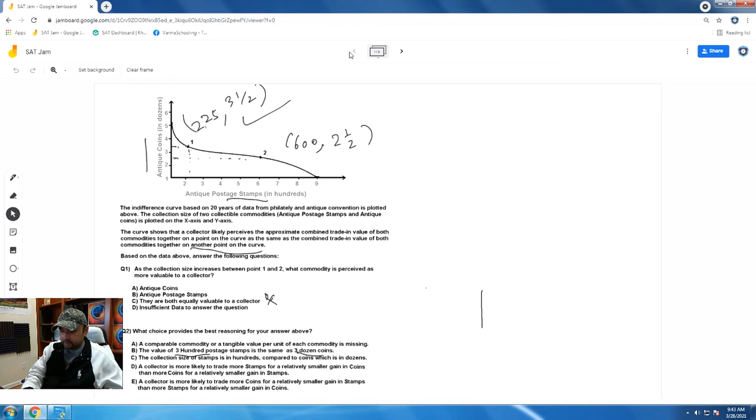So if we look at what the question is asking, between point 1 and 2, which quantity is perceived as more valuable? The answer comes from comparing the information in the other parts of the graph. Some of my US students would instantly visualize that when the collection size is less, I value things about equally.